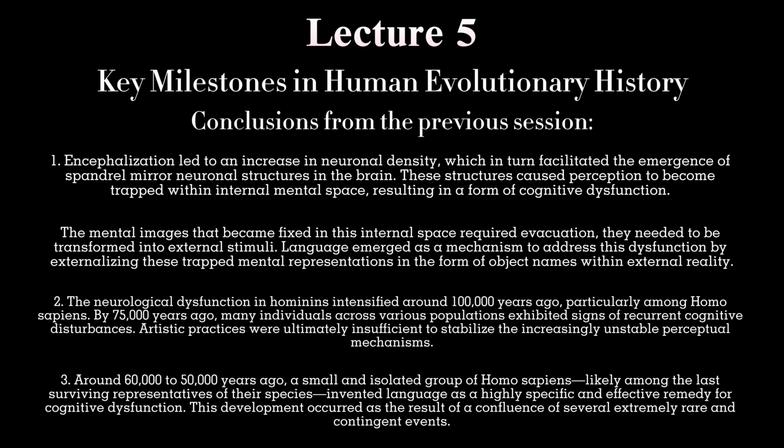Around 60,000 to 50,000 years ago, a small and isolated group of Homo sapiens, likely among the last surviving representatives of their species, invented language as a highly specific and effective remedy for cognitive dysfunction. This development occurred as the result of a confluence of several extremely rare and contingent events.